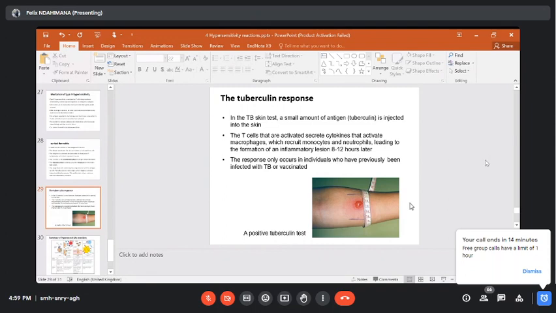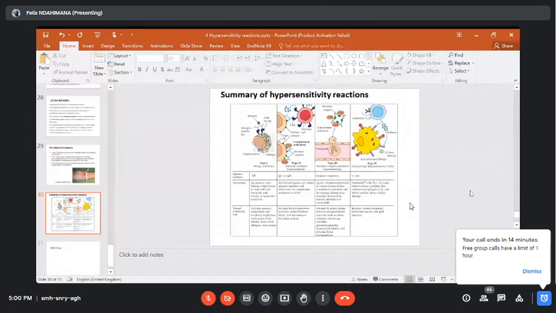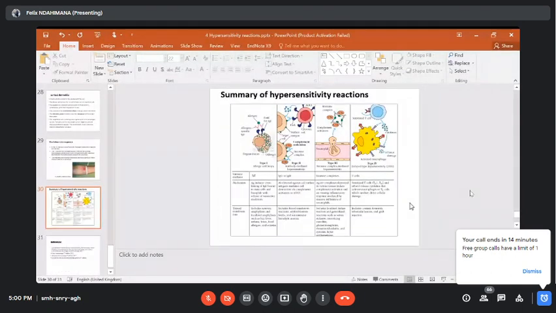And then after some hours, there might be a reaction. If there is no reaction, that means that the patient has never been exposed to TB, either naturally or through vaccine.